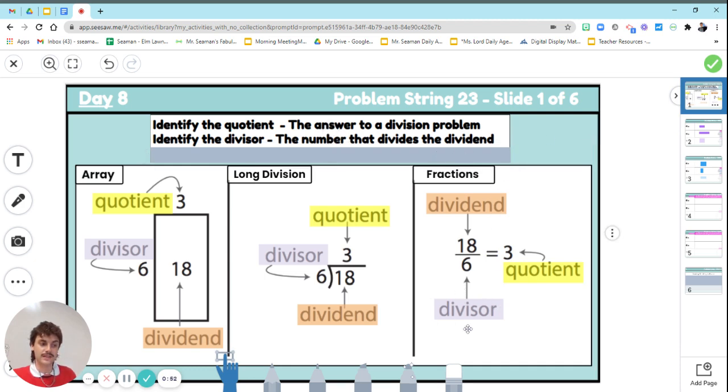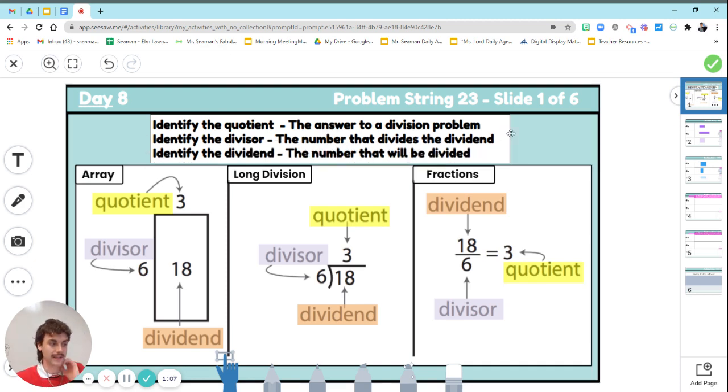So the divisor in this case is 6, for all three of them, because we're dividing 18 by 6. And lastly, the dividend is the number that will be divided. So 18 is our dividend here.